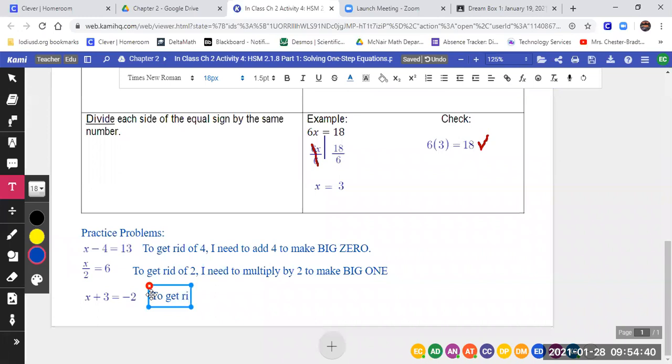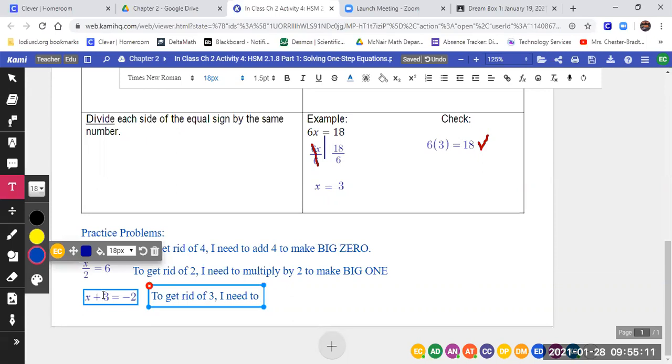to get rid of the 3, I need to undo what the 3 is right now. So what am I going to do? Come on, Kevin.